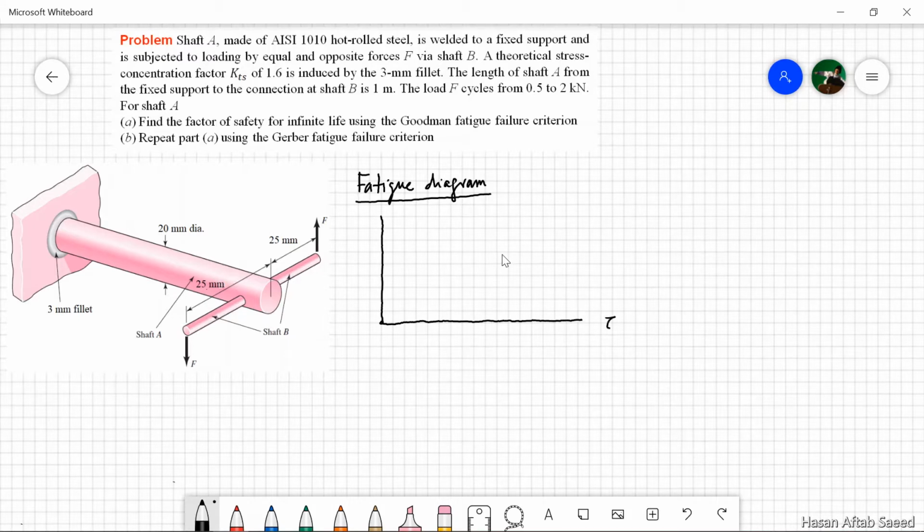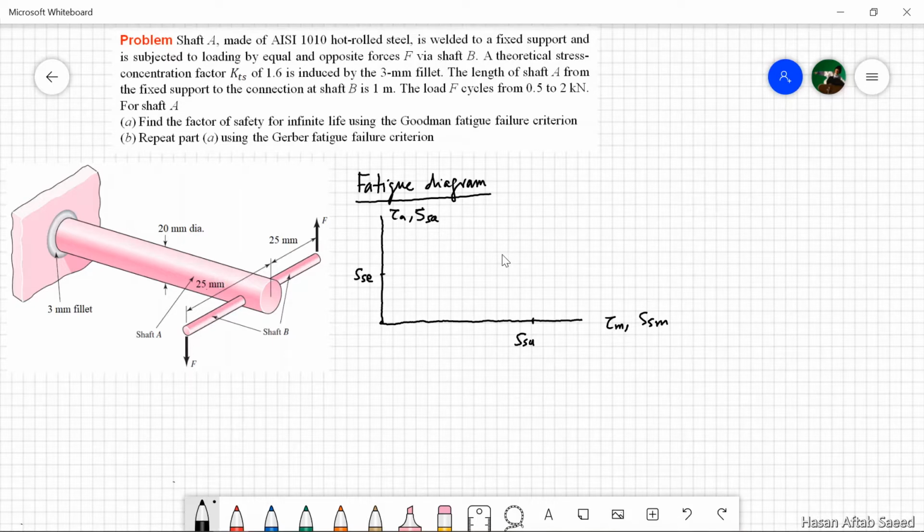In this case, there will be shear stresses and shear strengths plotted on both axes. So we'll have to find these values and then plot them here. On the x-axis, instead of SUT, we'll be plotting SSU, ultimate strength in shear, not ultimate tensile strength. Similarly, in place of endurance limit, we'll be plotting endurance limit in shear.